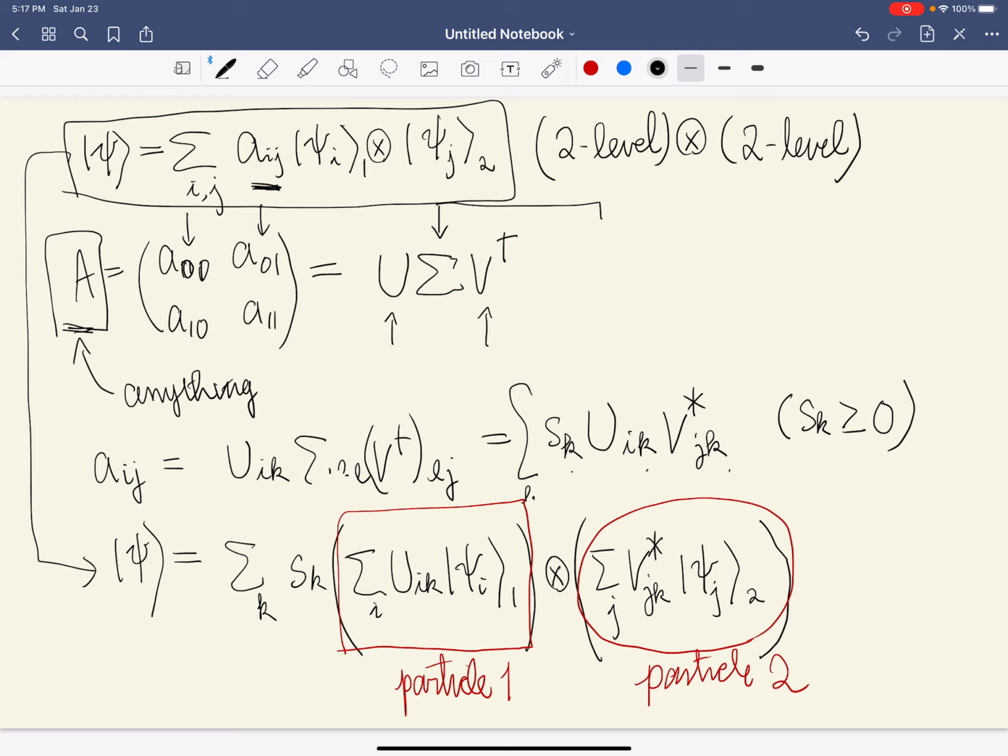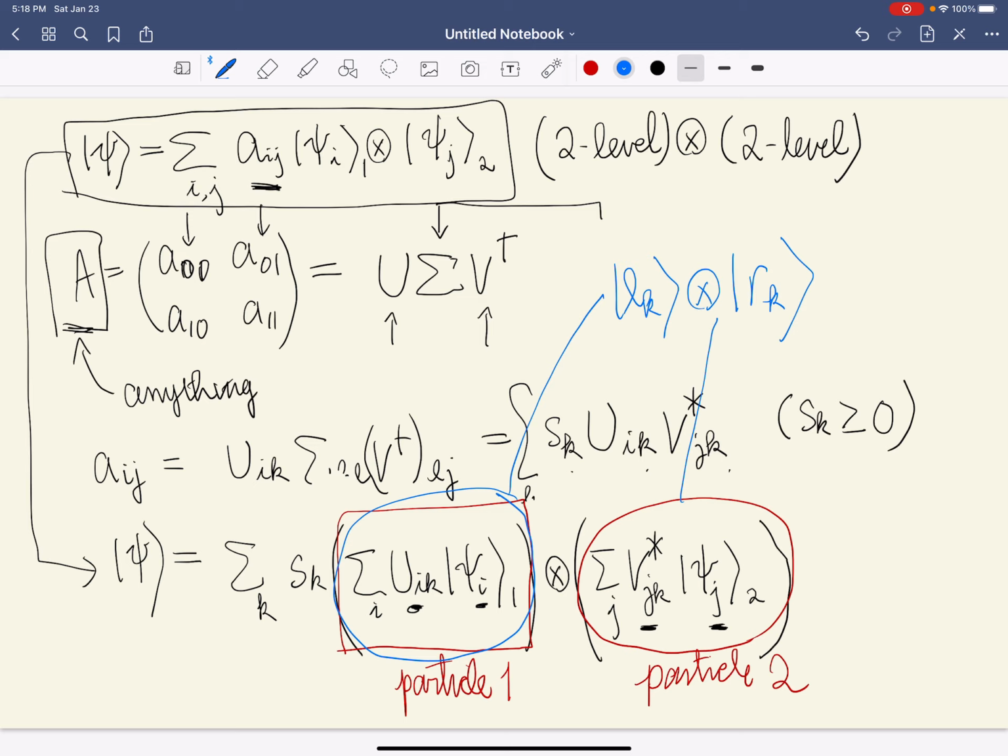Okay, so let me see if I can put this into some simplified notation. So this index i is getting summed over, and so is this index j. It's also getting summed over. So what's left over is some state which depends on this index k, and what's left over from here is also some state that only depends on k.